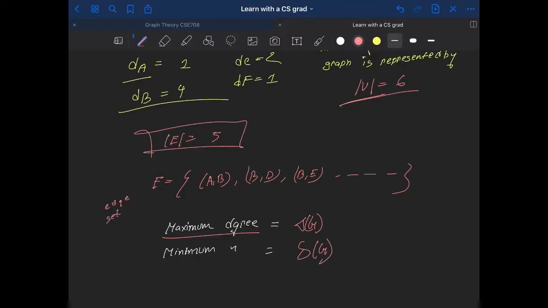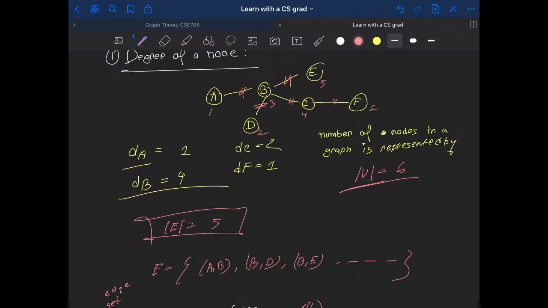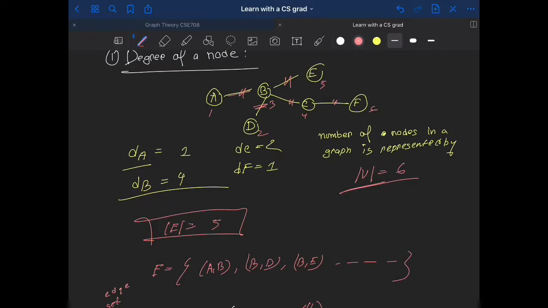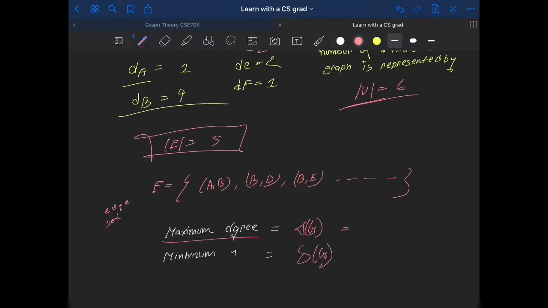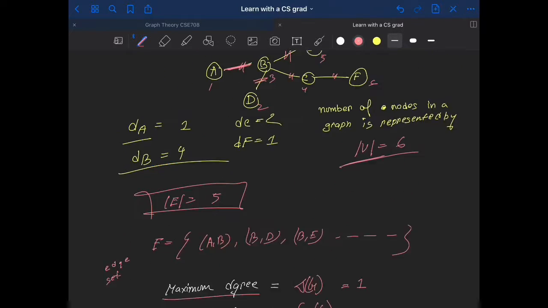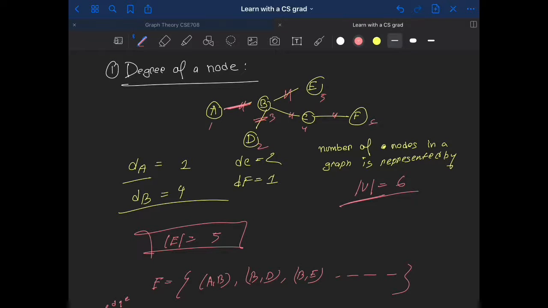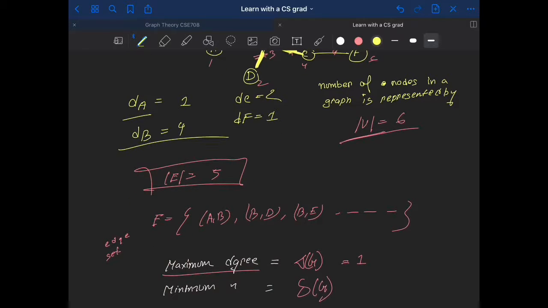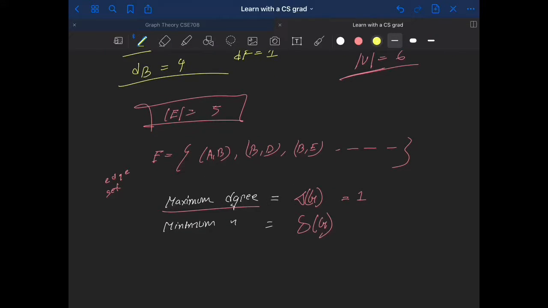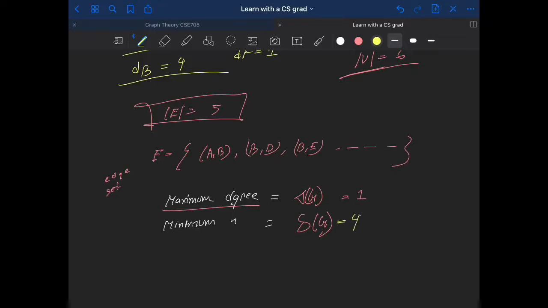If you look into the graph, the minimum degree we have is 1. So only A is connected to B. This is 1 degree, right? So this is the minimum number. However, the maximum number is B, where we have 1, 2, 3 and 4. So this is the maximum number of degrees that any one of these nodes has.